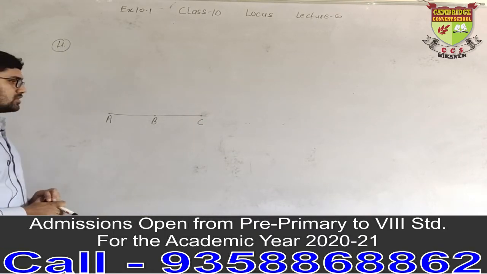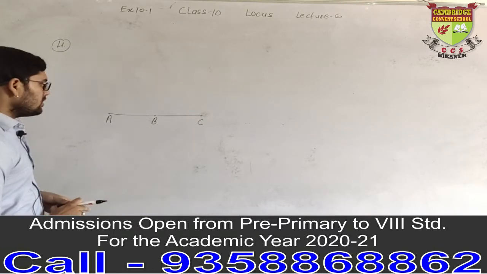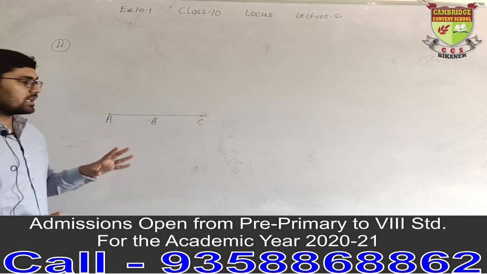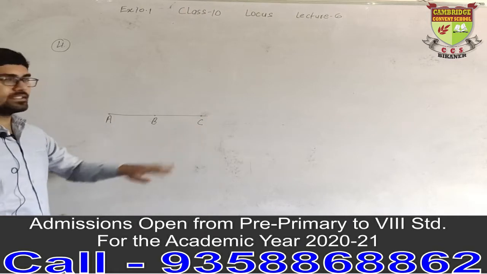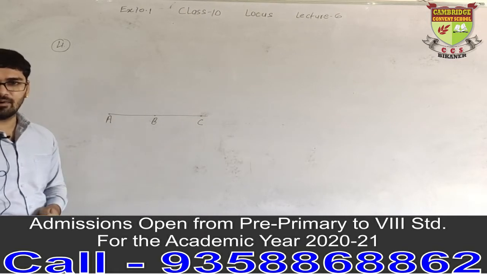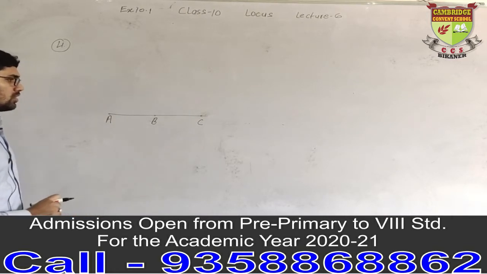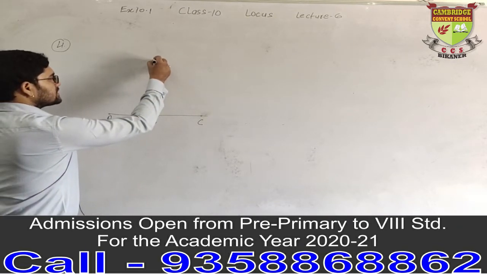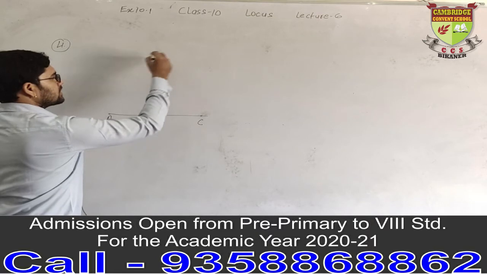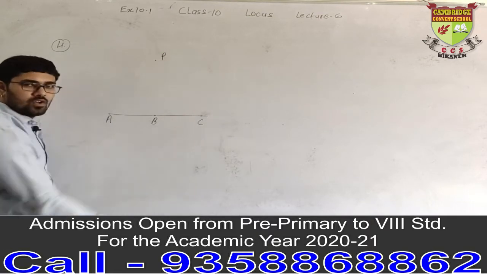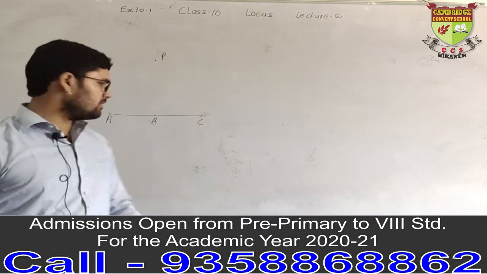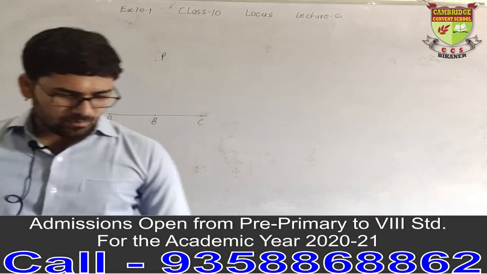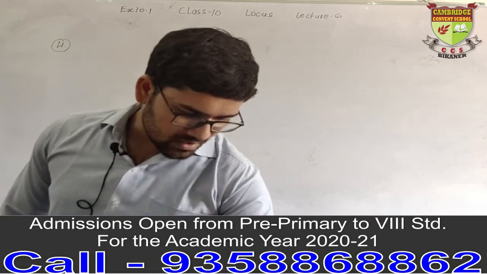Locus means that we have to find a point which is at equal distance from all these 3 points. Let me assume this is the point, and I am giving it the name P. You can give any name, such as D or O, because no name is mentioned in the question.